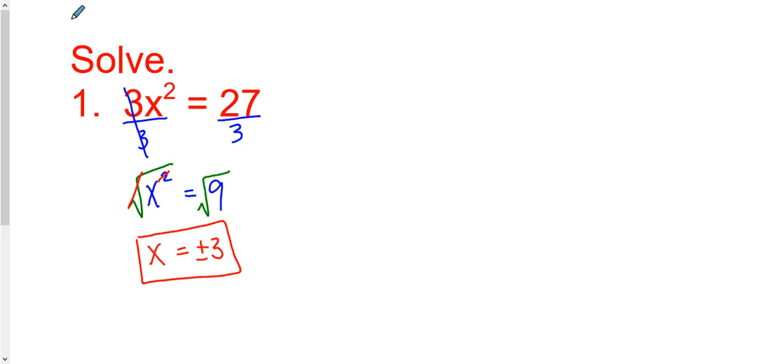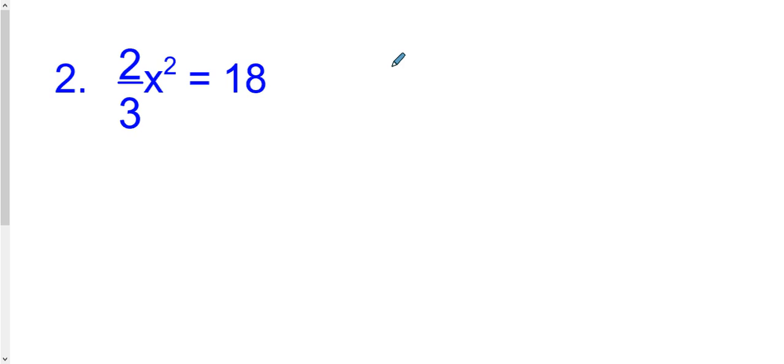Let's go ahead and look at another one. 2/3 x squared equals 18. Same thing, so I need to isolate x squared, and I wanted to remind us how we get rid of fractions. So instead of dividing, I can multiply by the reciprocal.